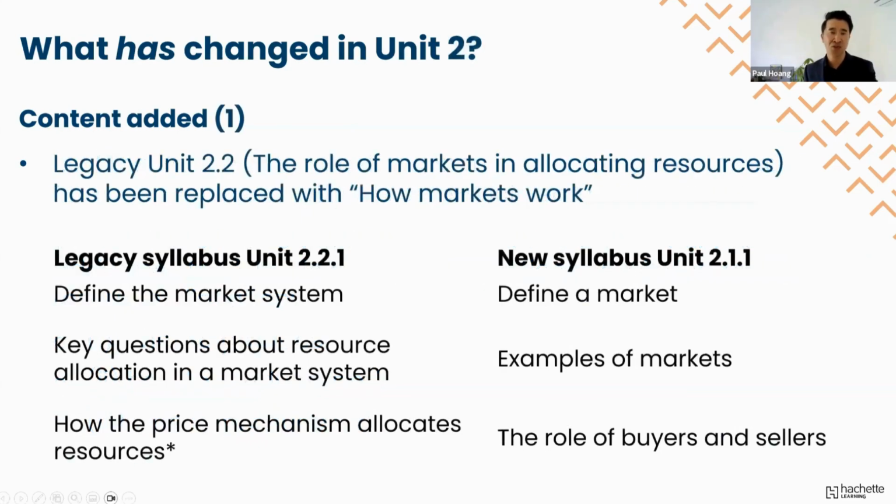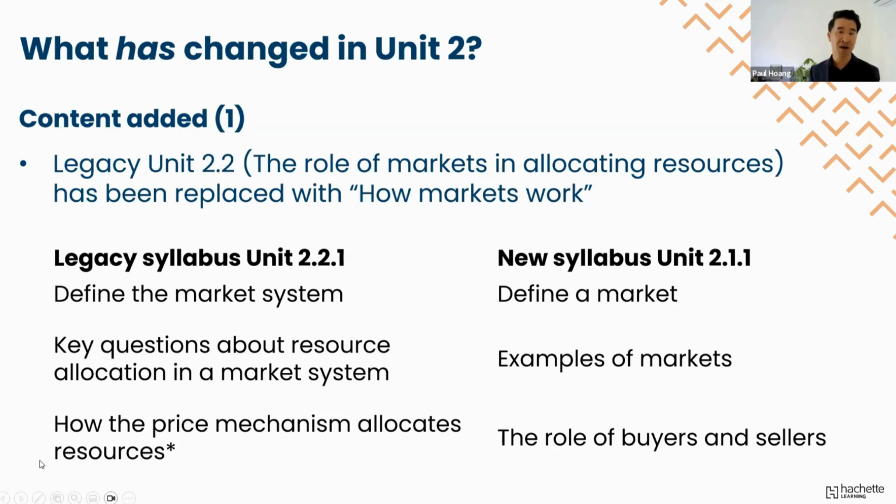All right, now when you're looking at the new guide, please be really careful because the wording has changed. And sometimes, especially if you're like me, if you've taught the course for a little while, you've got some unlearning and relearning to do. We might look at the new syllabus and think, oh yeah, that all looks very familiar, looks like the previous syllabus, but they're actually quite different. So in the new syllabus, we're now looking at the definition of a market, not a market economic system.